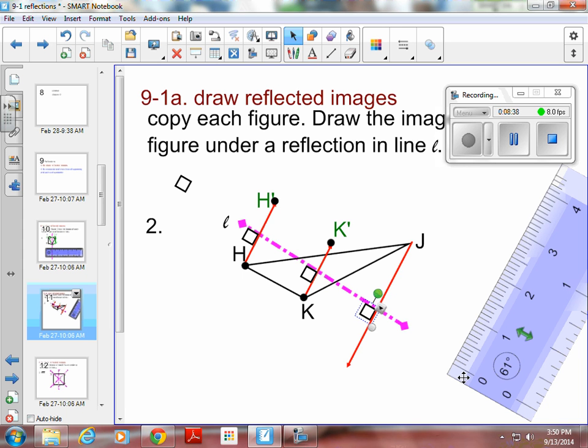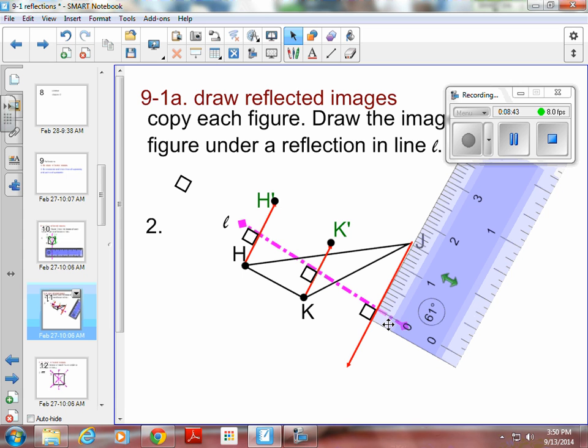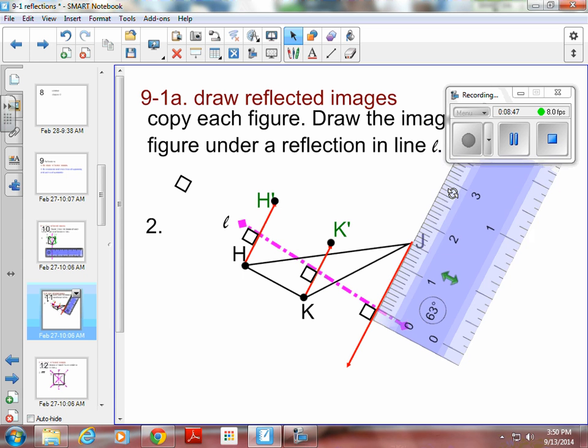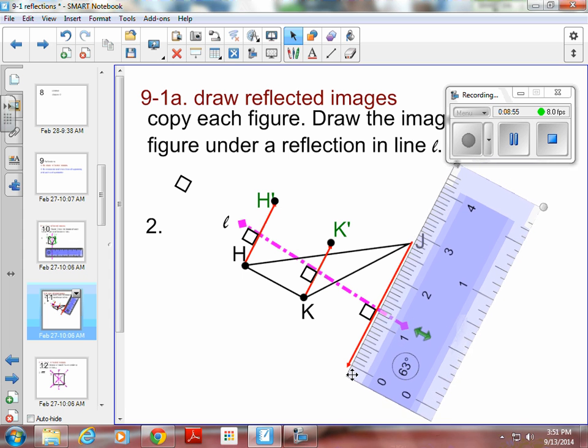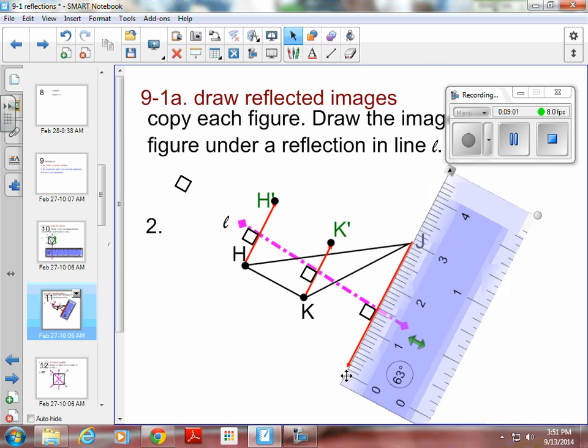Okay, then I need to measure it, so grab my ruler, measuring from here out. This one needs to change this a little bit. Okay, so this is 10, looks like it's right at 15, so I need to put that at the 3. 15 times 2 is 30, which would be 3 centimeters.